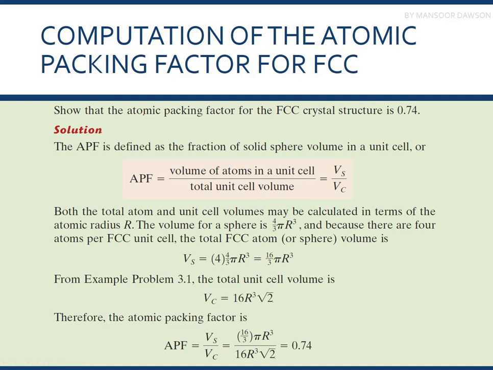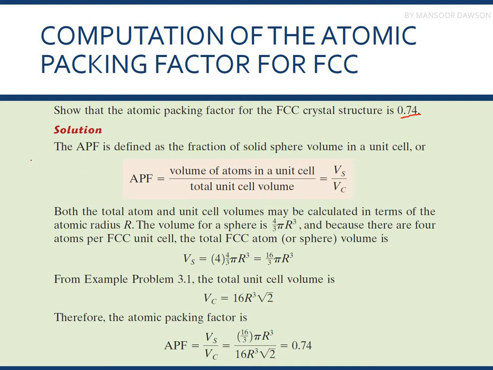Next, we have to compute the atomic packing factor for an FCC crystal structure unit cell. It says to show that the atomic packing factor for an FCC crystal structure is 0.74. So we have to prove that the APF of an FCC is 74% or 0.74.